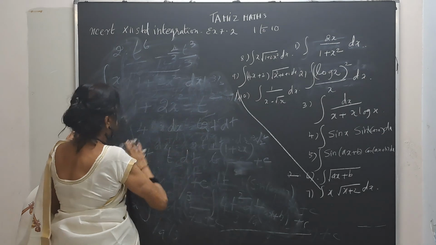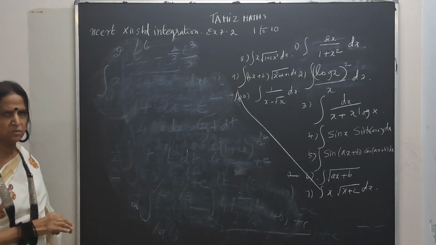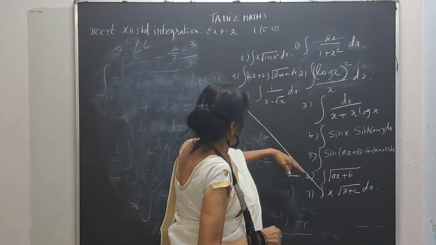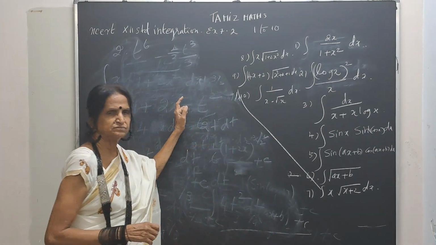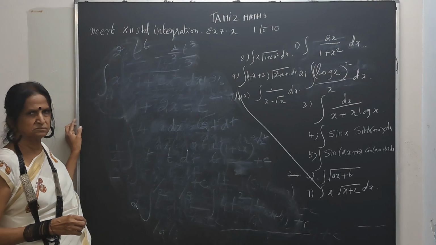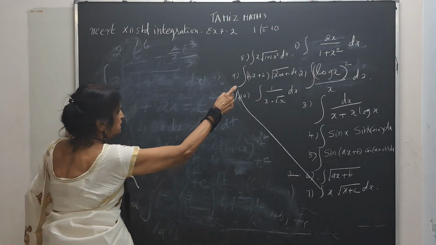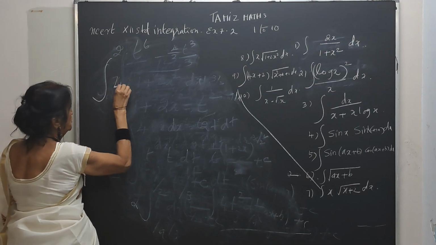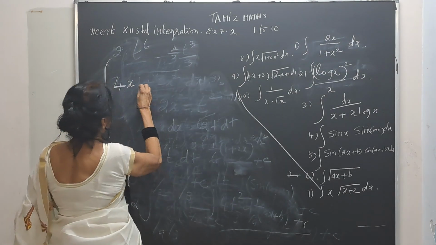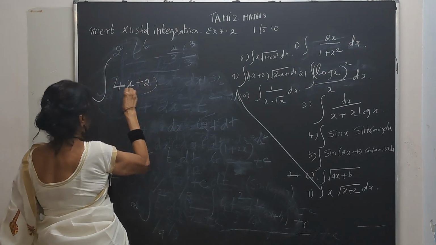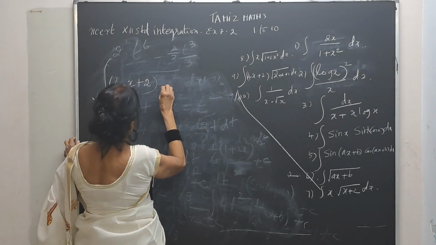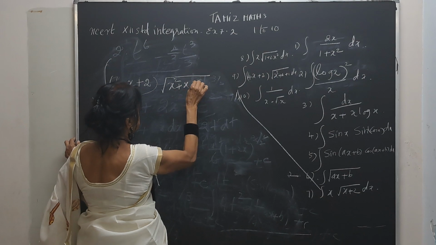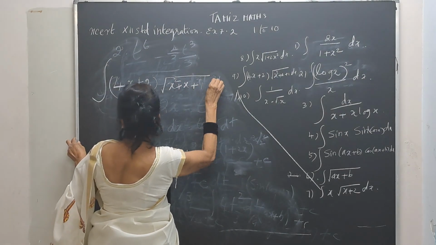Now, so all this over, okay? Next, problem 9, integrate 4x plus 2 into root of x square plus x plus 1 dx.